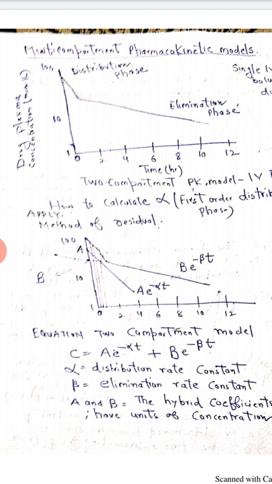One is the distribution phase, another one is the elimination phase. The first curve is a rapid declining phase, and the second one is the elimination phase, which is a slow declining phase. Now we will learn how to calculate alpha, that is the first order distribution phase.